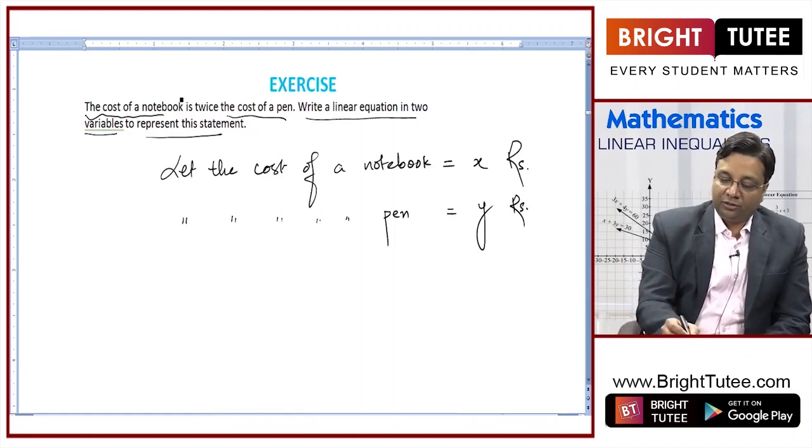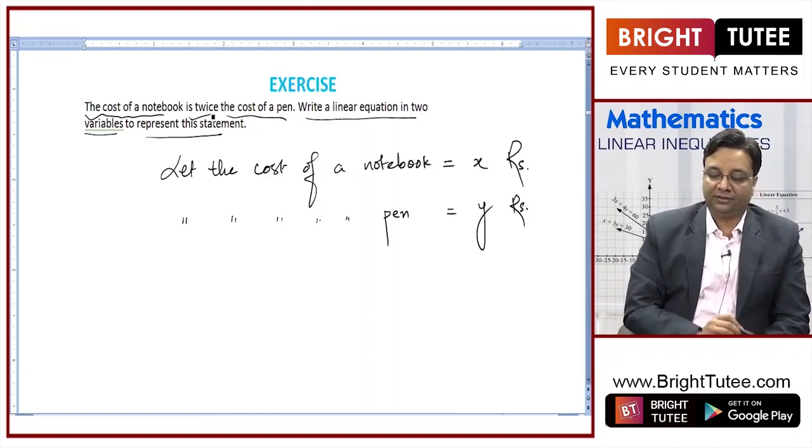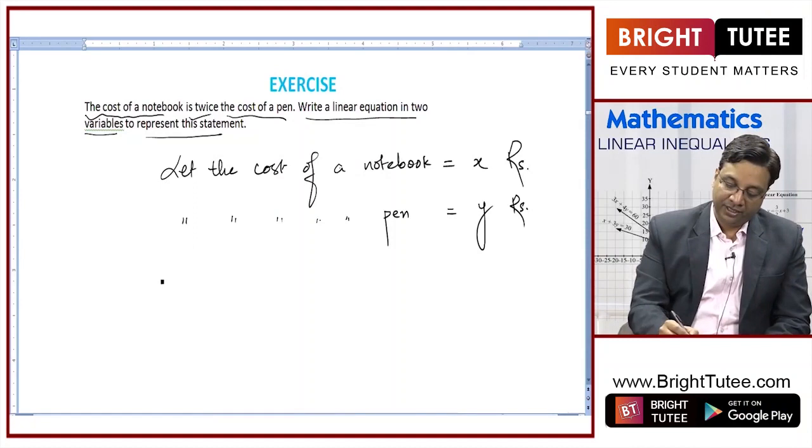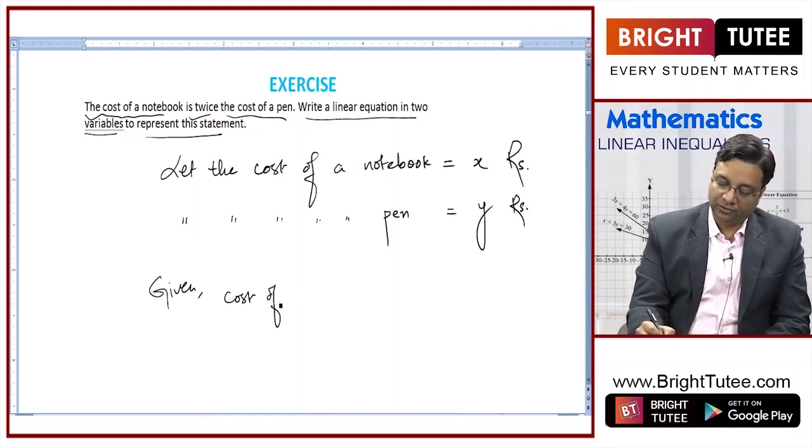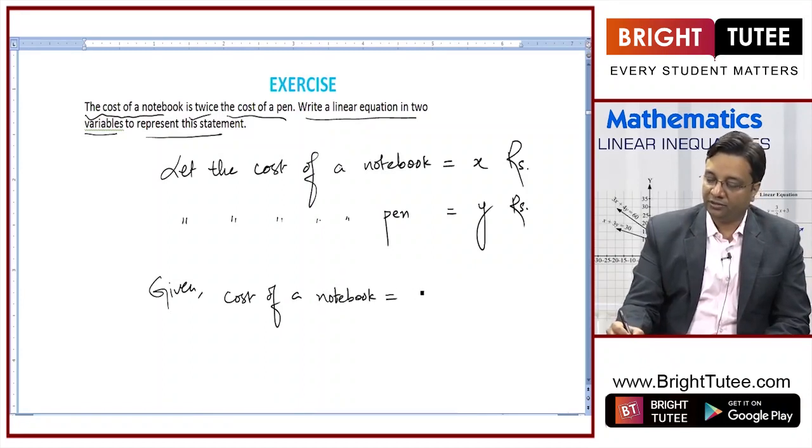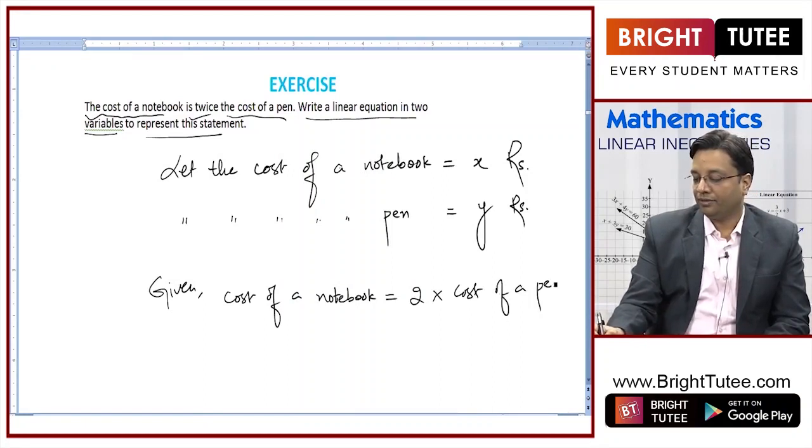Now it is given that the cost of a notebook is twice the cost of a pen. So the cost of a notebook is equal to twice the cost of a pen.